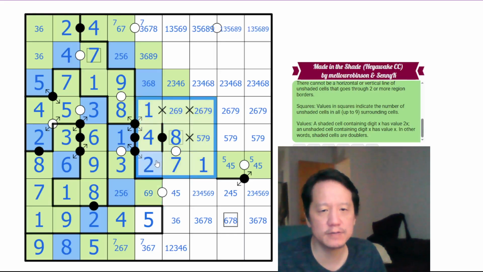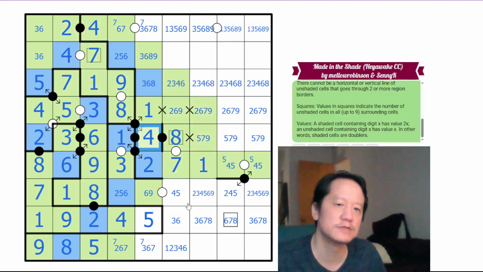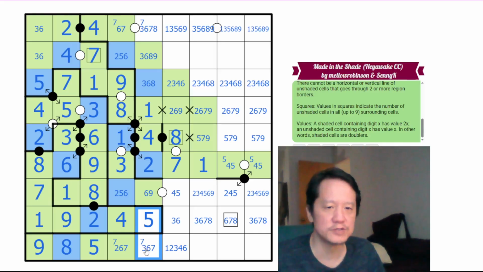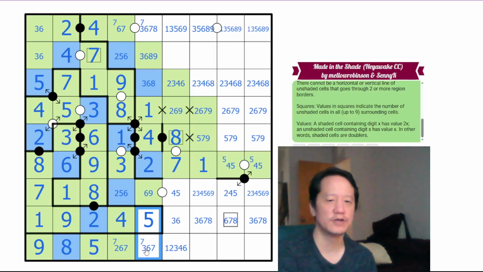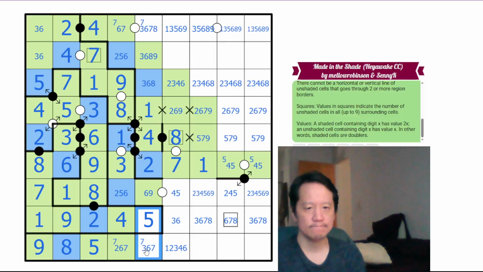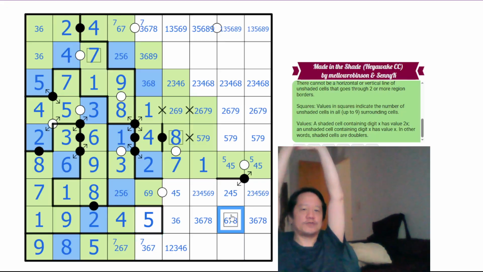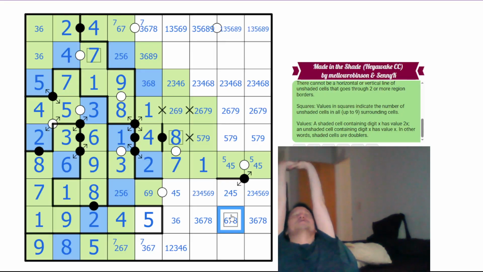We have 8 unshaded cells around this box. We have 7 unshaded cells around this box, or square. One of these is green, one of these is blue, but we don't have any information about that. Here we have either 3 shaded cells around this, up down to 1.